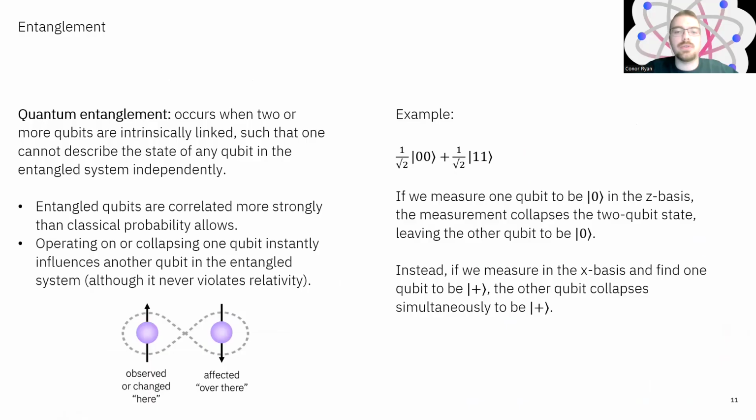Now, when we go to the more relevant case of multi-qubit systems, where we're looking at significant behavior of how to leverage the fact we have multiple qubits to gain a quantum advantage from, we're not going to look only at superposition, but also at the behavior of quantum entanglement. So quantum entanglement comes from when we have two qubits that are linked such that we cannot describe their states independently.